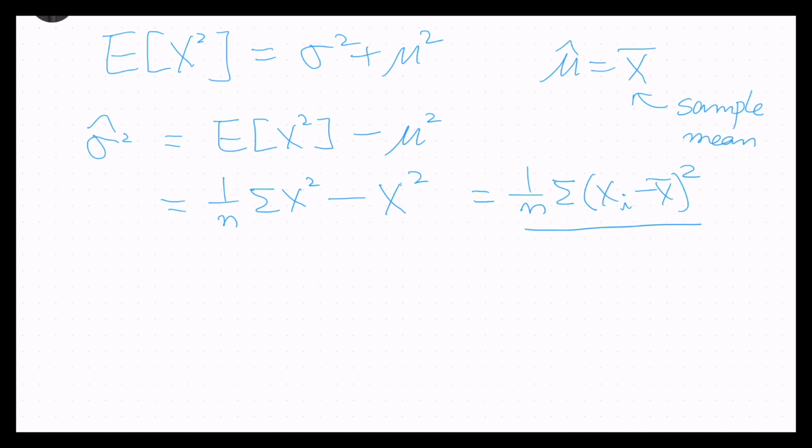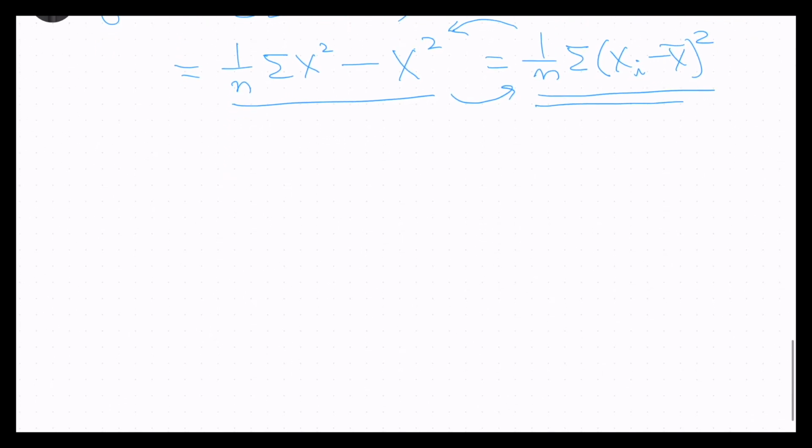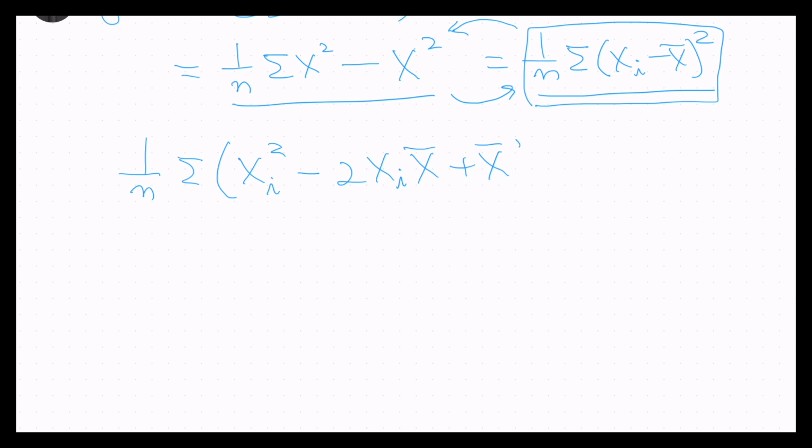This is what you can find in the slide, but actually the calculation follows something here. So how can this one become this one? Instead of calculating this one, I will show you why this right hand side is equal to the left hand side. So I will expand this. First, this is 1 over n and sigma. If you just expand it, this is xi square minus 2 xi x bar plus x bar square.